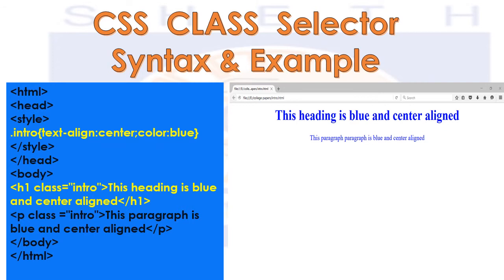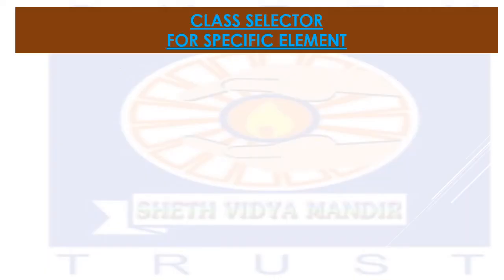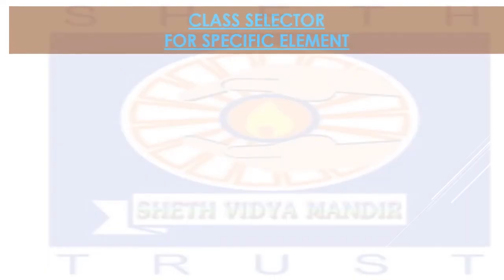That class is called with the dot. That is, with the help of a dot I am giving the name to that particular CSS. Any name you can give over here. I have used the word intro over here. Correct? But while using this particular CSS in your file, you have to use it with the attribute class. Okay students? So this was about the class selector, that is the dot, or period.